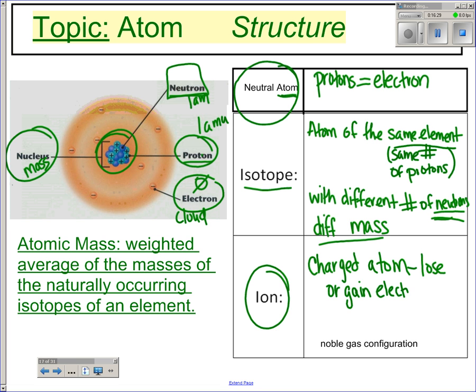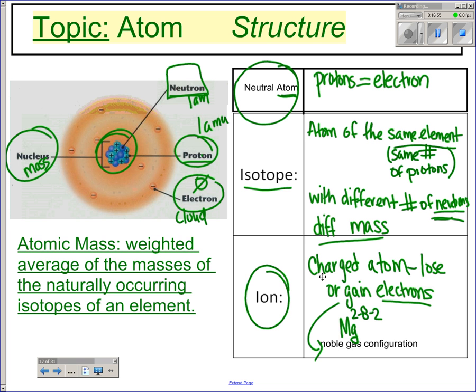Thinking ahead to the bonding unit, remember that atoms lose or gain electrons in order to have a noble gas configuration. Everything wants to be noble. Everything wants to be like group 18. So, for example, magnesium, when it's neutral, it has a configuration of 2,8,2.